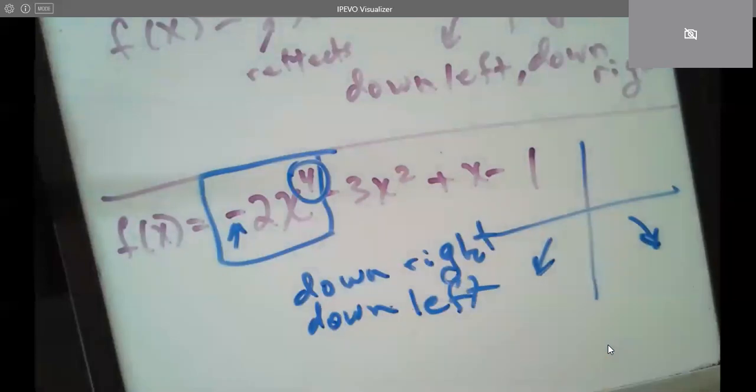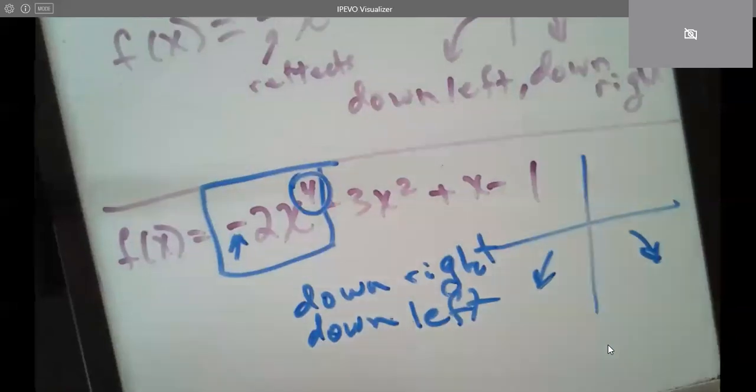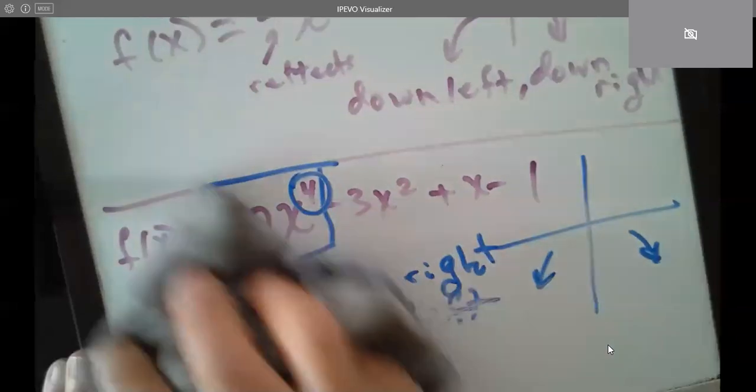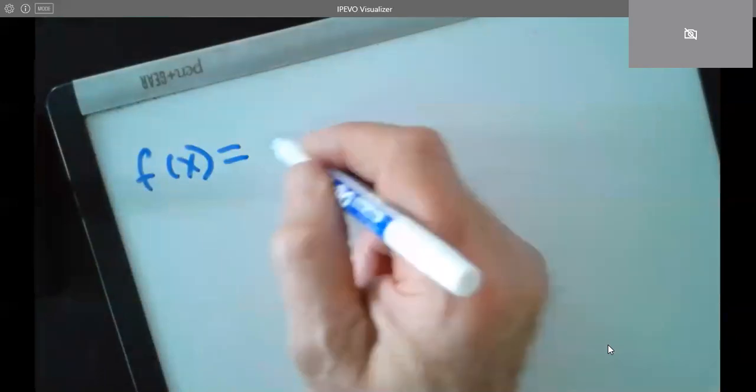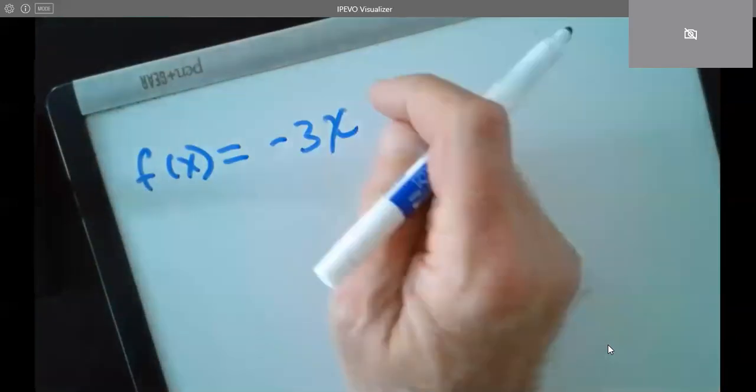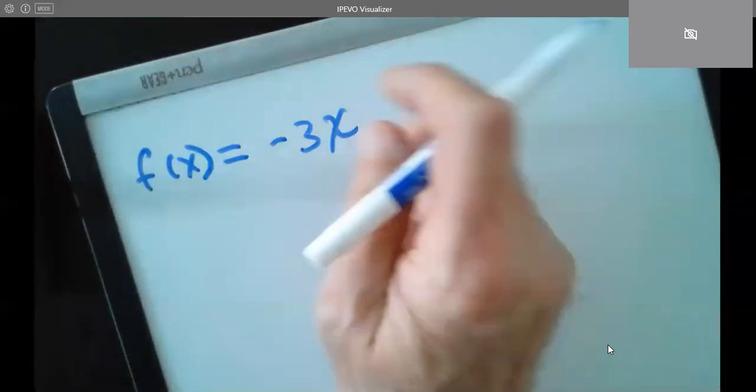All right. So this is negative. Yeah, it's reflecting, right? It reflects it. So let's say, now this wasn't on the slide, but let's say we have f of x equals, no, let me make it positive.